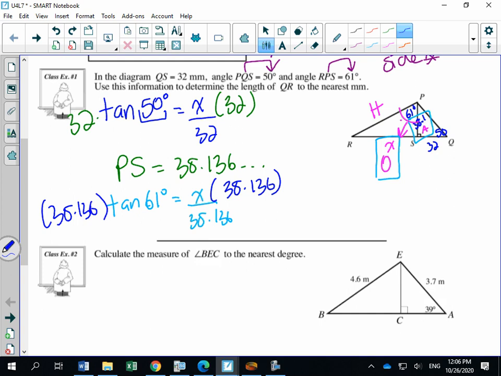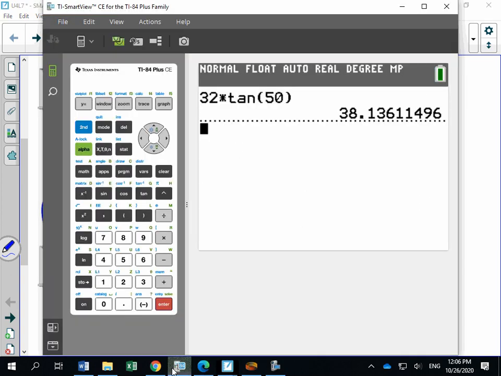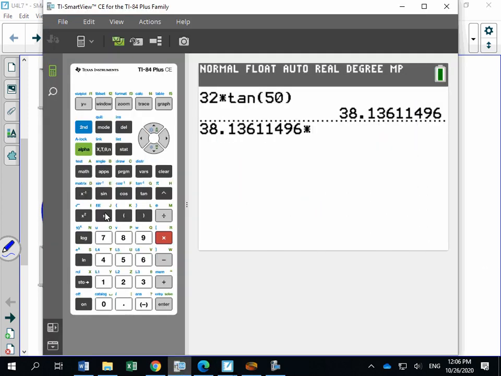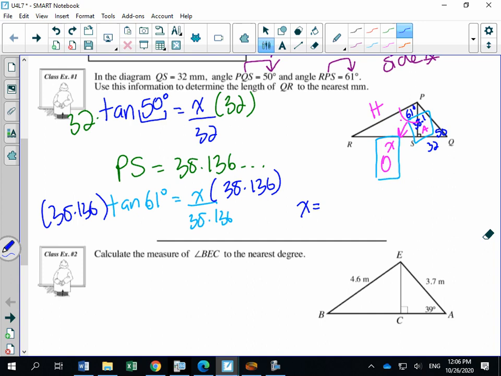And then you're going to see in measurement in trig, we, again, round at the very, very end. So now I'm going to take that answer on my calculator. I'm just going to go up and select it, and I'm going to times that by the tan of 61. And I get, now X is 68.799.